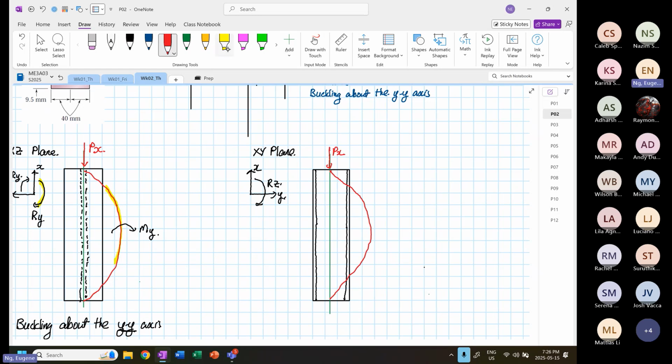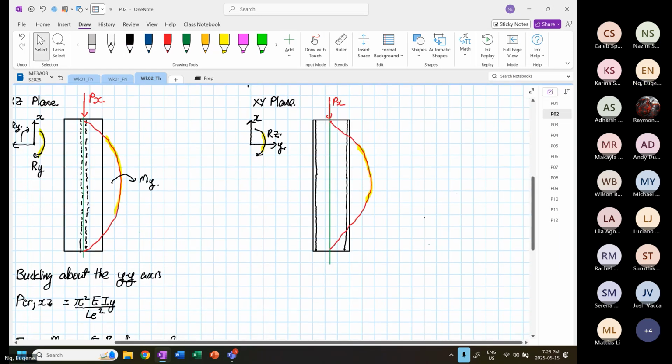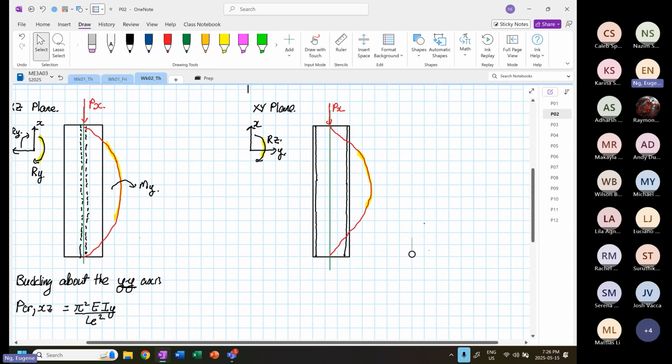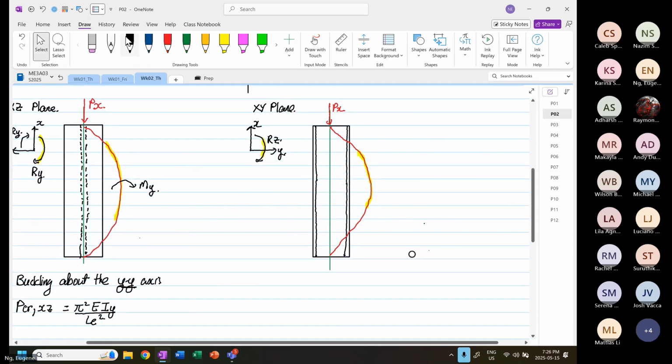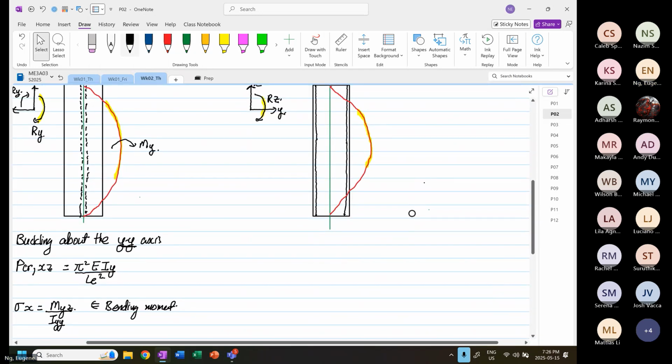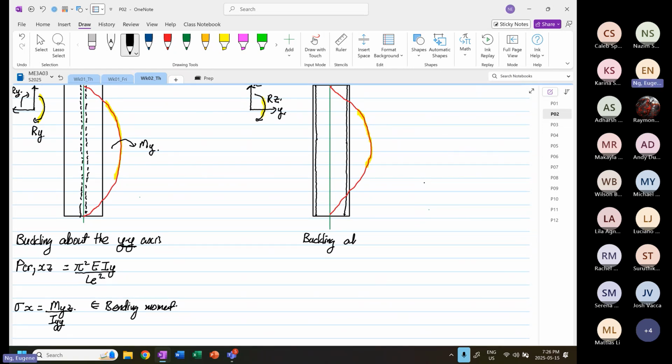If you look at the curvature, the one I'm highlighting is the same curvature as our rotation in the Z. So likewise, we also address this buckling about the ZZ axis.